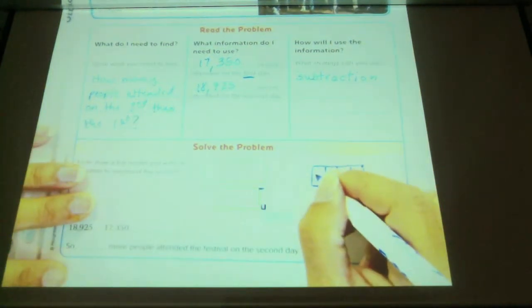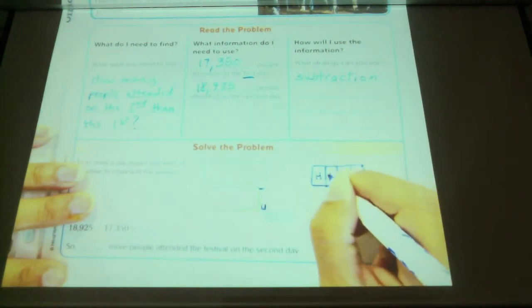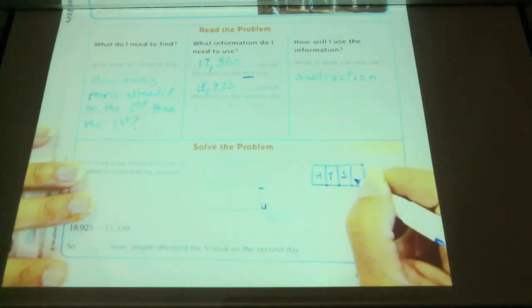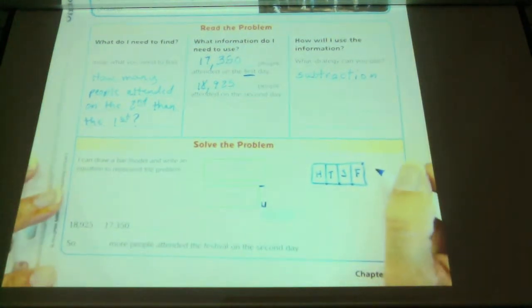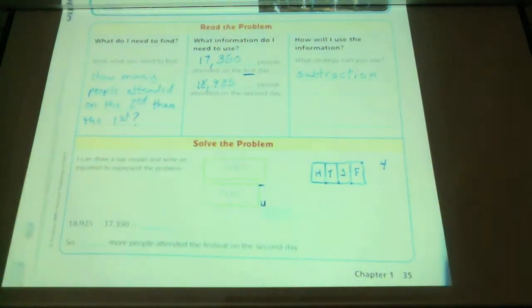So this is Miss Harris, and this is Tara, and this is Sarah, and this is Miss Flink. Okay? So we're each going to get a piece of this candy bar. So we have 4 pieces of candy, right? And I'm going to share it with 3 of my friends.